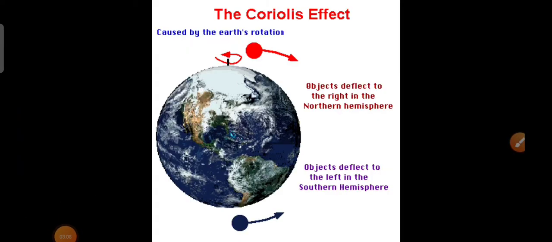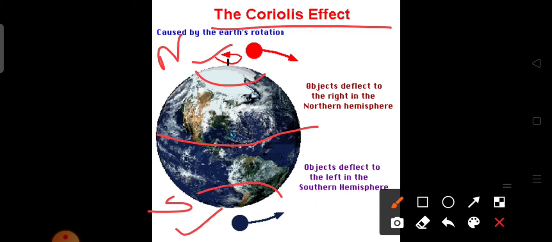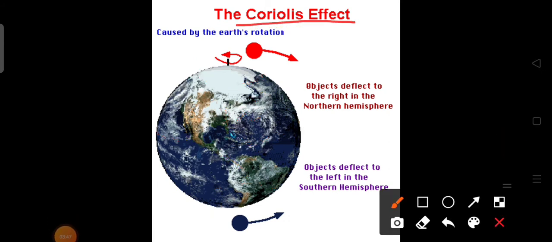So this is the Coriolis force which causes the movement of the air, and this is the equator, and these are the two poles, North Pole and South Pole. In the poles, the air is moved towards the equator, and this happens due to the effect that objects deflect to the right in the northern hemisphere, and to the left in the southern hemisphere.